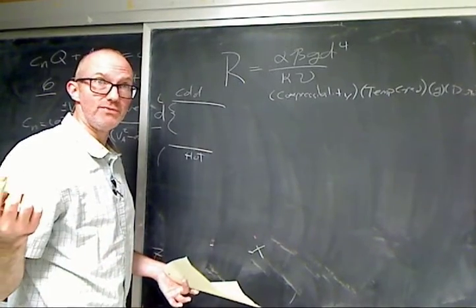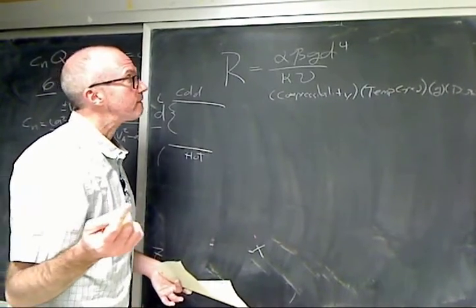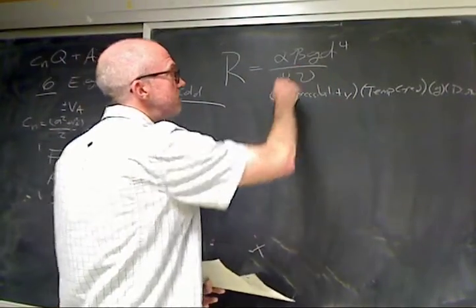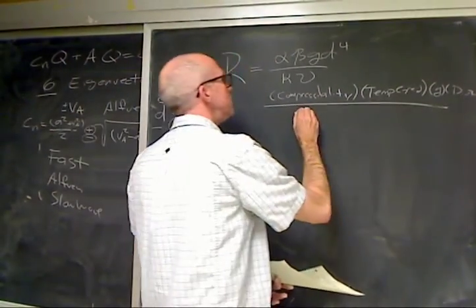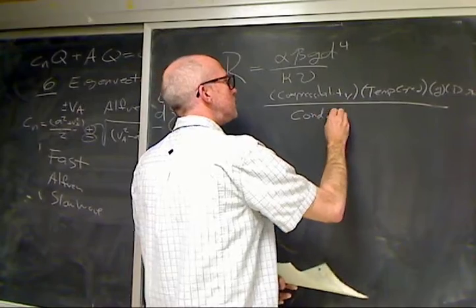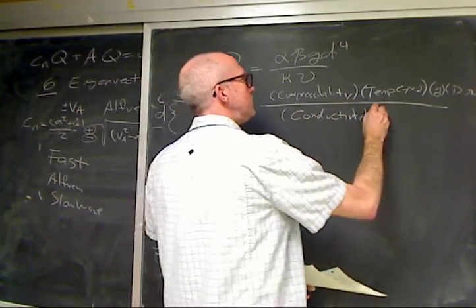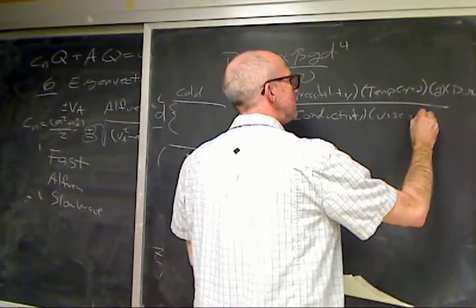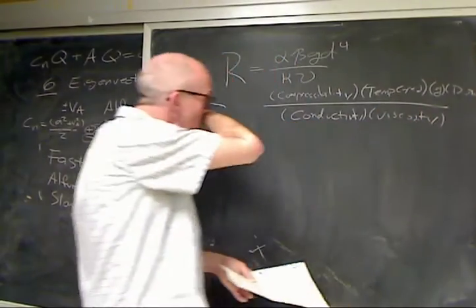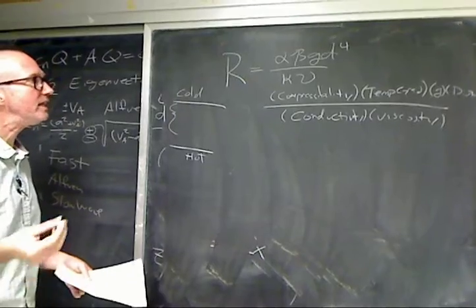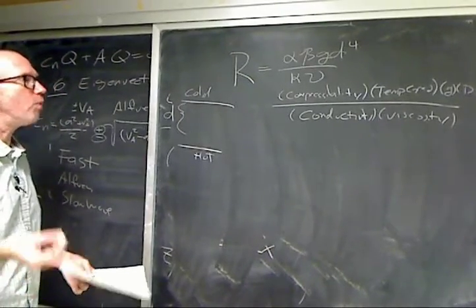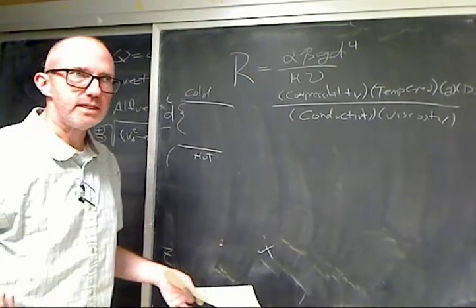That's why it floats. There's a temperature gradient, there's gravity, and then we also have the thermal conductivity and the viscosity. So the Rayleigh number tells you whether or not you're going to start convecting.